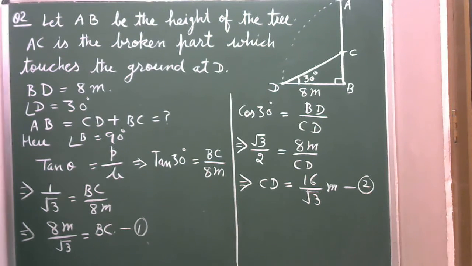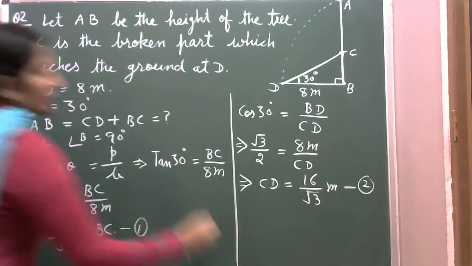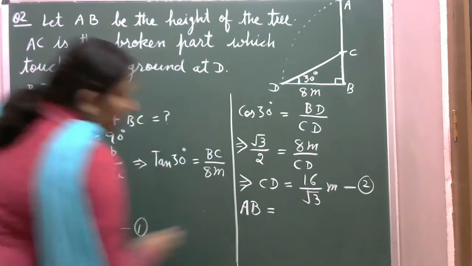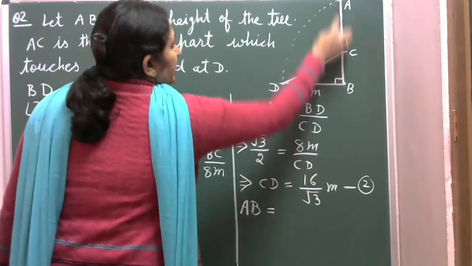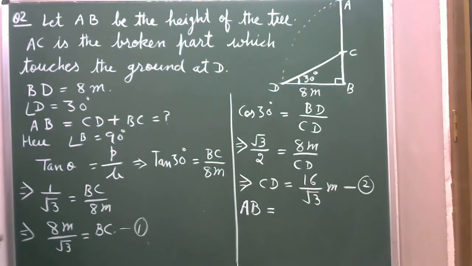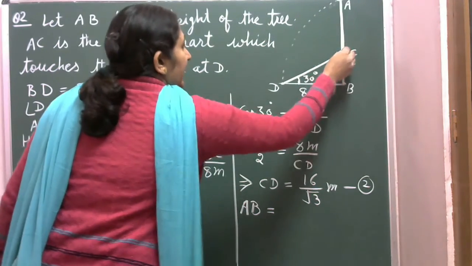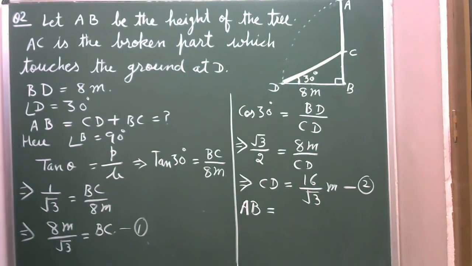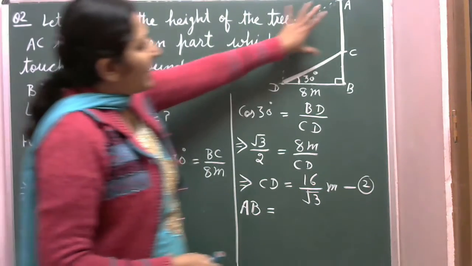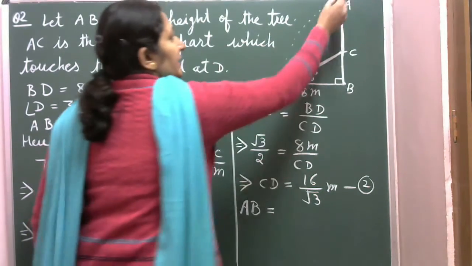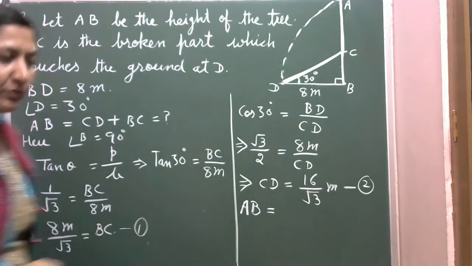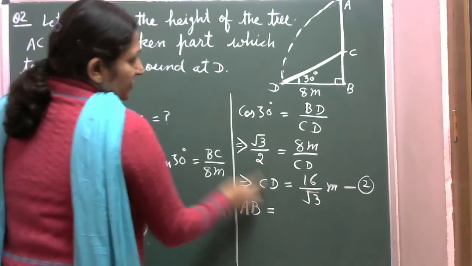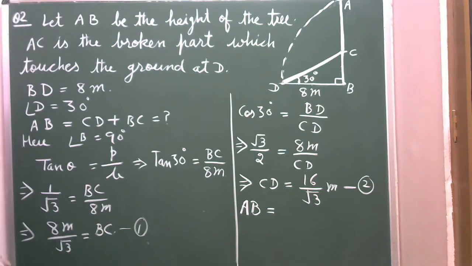Now, the height of the tree is AB. AB is equal to, here you can say it is equal to AC plus BC. Now, as this AC and CD both are equal, क्योंकि ट्री का जो पार्ट यहाँ पे गिरा है वो ऐसे गिरा है, यहाँ से like this, और ये लेंथ और ये लेंथ both will be equal, which implies we can substitute the value of CD as AC.